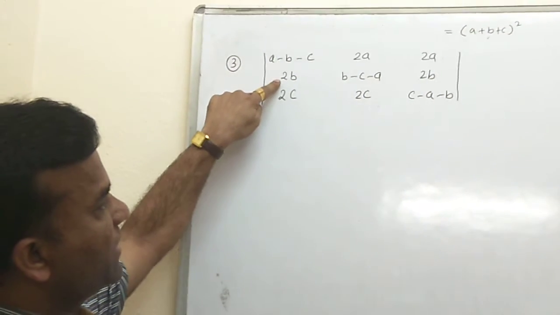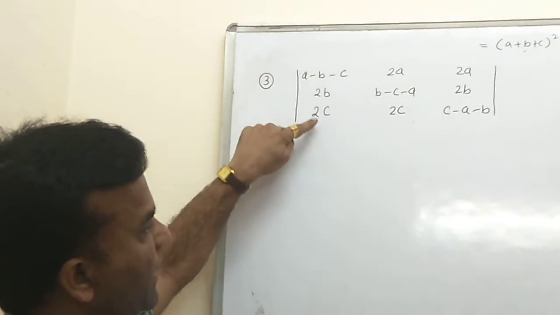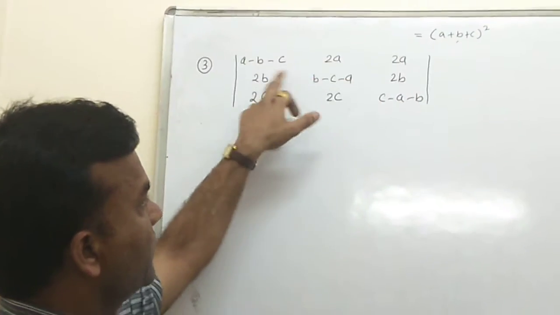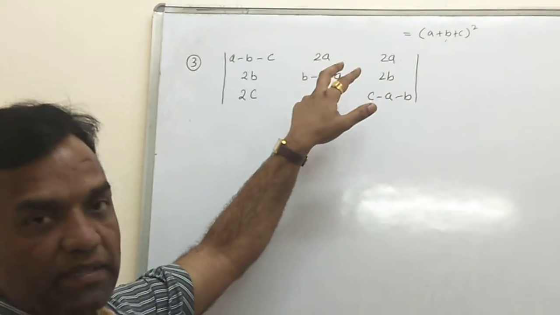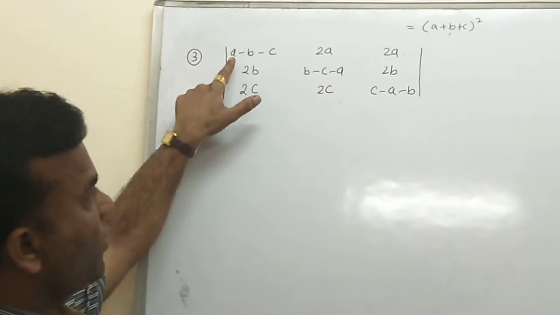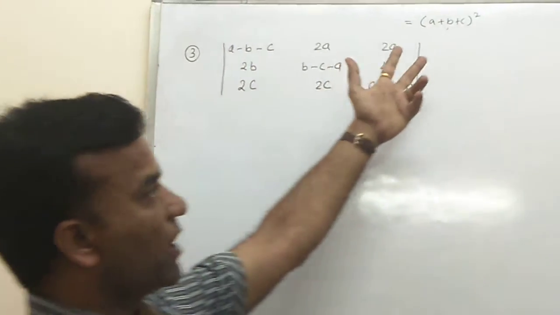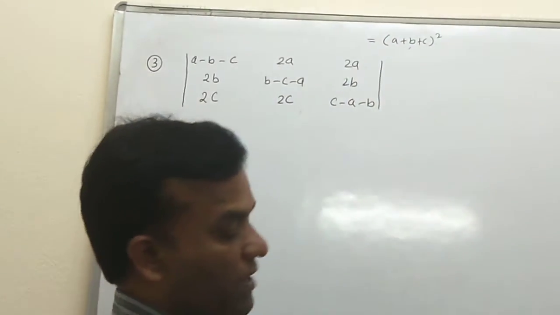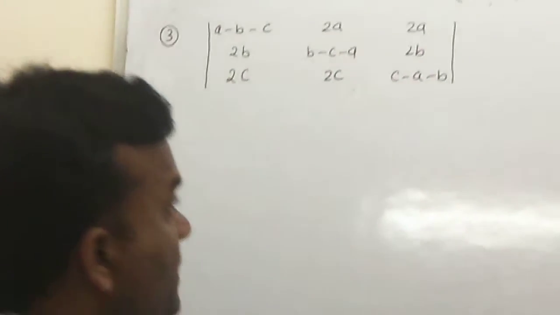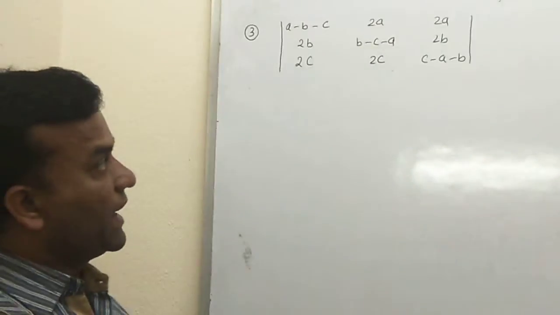If minus b is here, then 2b is given, minus c is given and 2c is here. But if you watch row-wise, you have 2a, 2a, both elements are the same. So if you want to add all the elements, then you have a plus b plus c, because your requirement is a plus b plus c whole cube. So a plus b plus c you want 3 times.